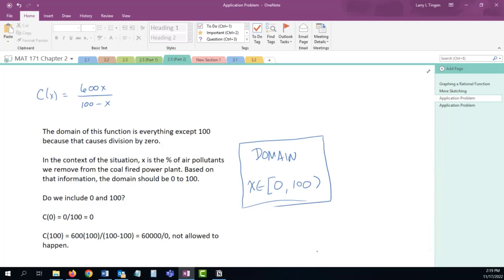So yes, Andrew, you're absolutely right. You cannot go below 0, right? How much money does it cost to remove negative 10%? That's not a thing. So 0 to 100, because x is a percent, then you go to the algebra: do my endpoints get included? 0 does, 100 does not. All right.